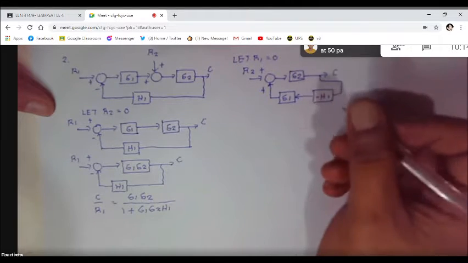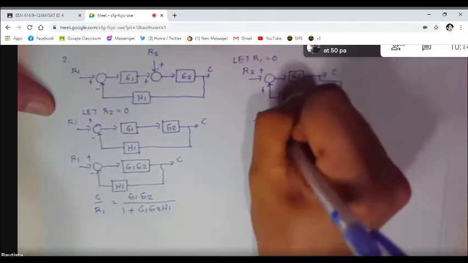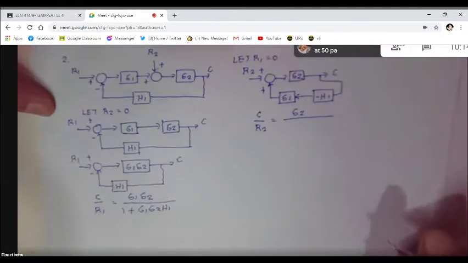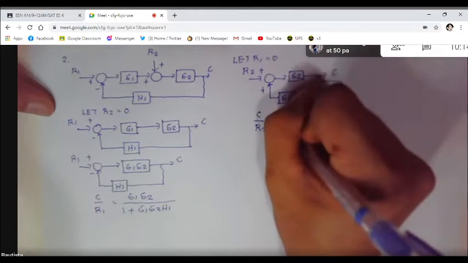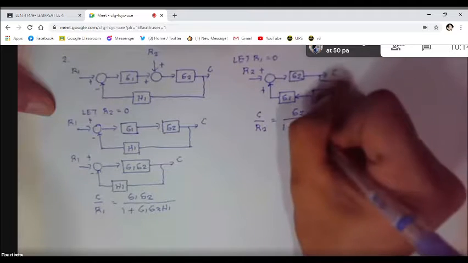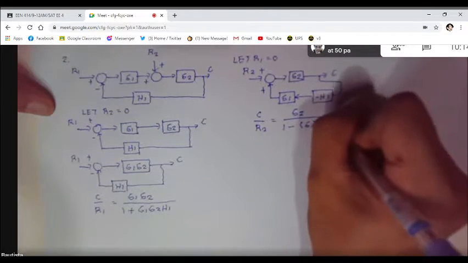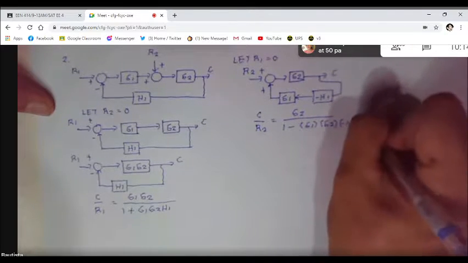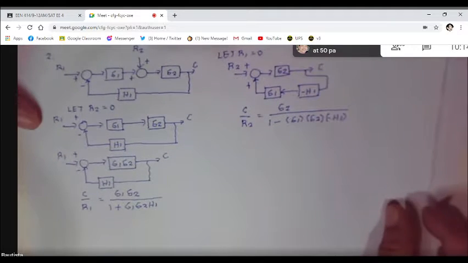Okay, so, pwede na natin kunin yung C over R2. That is G2 all over. Okay, so, since plus yan, so, 1 minus G1, G2, negative H1. Ayan. Okay? Yan maigi, ha?